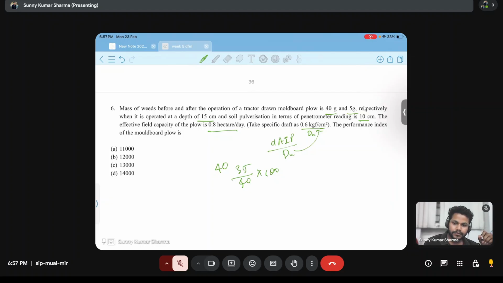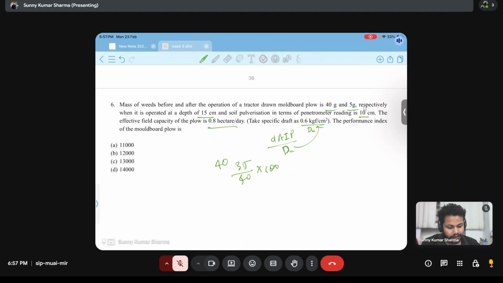T is 10. What about that small d value, sir? We will take directly this 0.6 kg per centimeter square, that is specific draft. And this is the depth of operation in centimeter. Okay, fine. All the values.